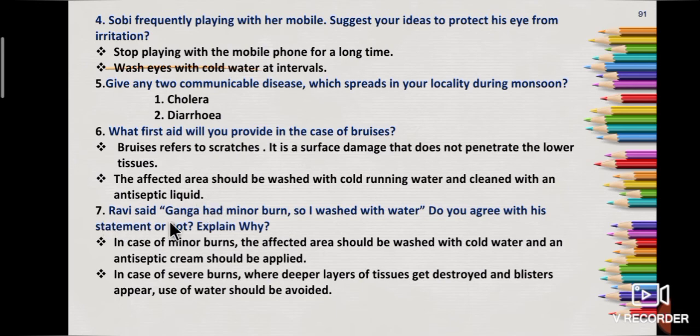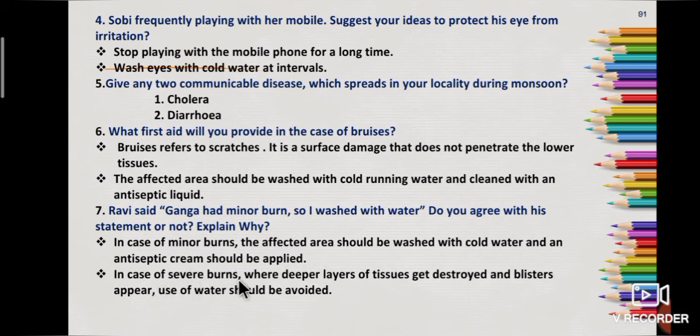Seventh question, Ravi said Ganga had a minor burn, so I washed with water. Do you agree with his statement or not? Explain why. In case of minor burns, the affected area should be washed with cold water and an antiseptic cream should be applied.